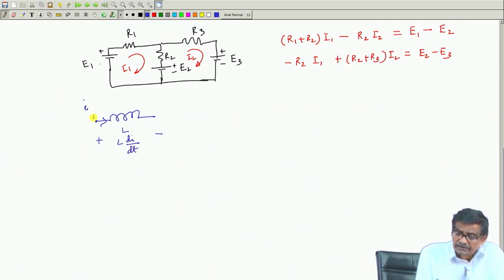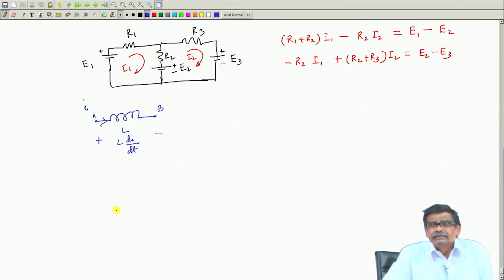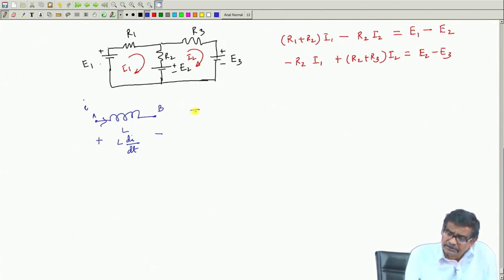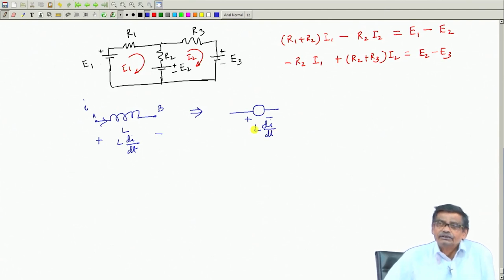Suppose this point is A and this point is B. Since these are energy storing elements, some people say this can be treated as a source voltage also, no problem. You show it as a source, because after all, energy storing elements can supply energy to a system.